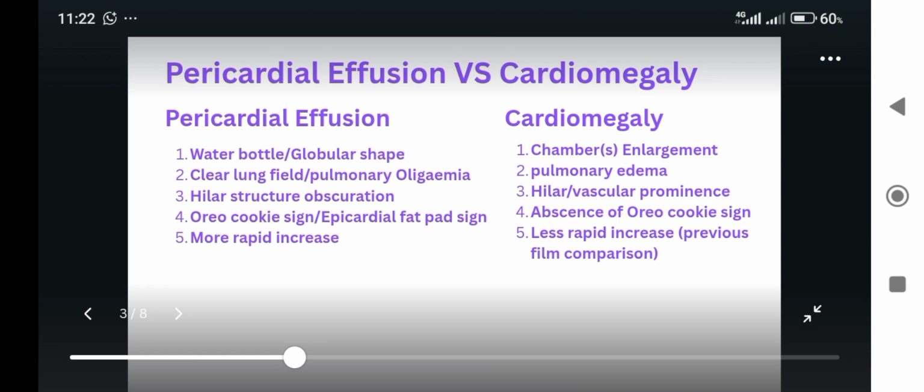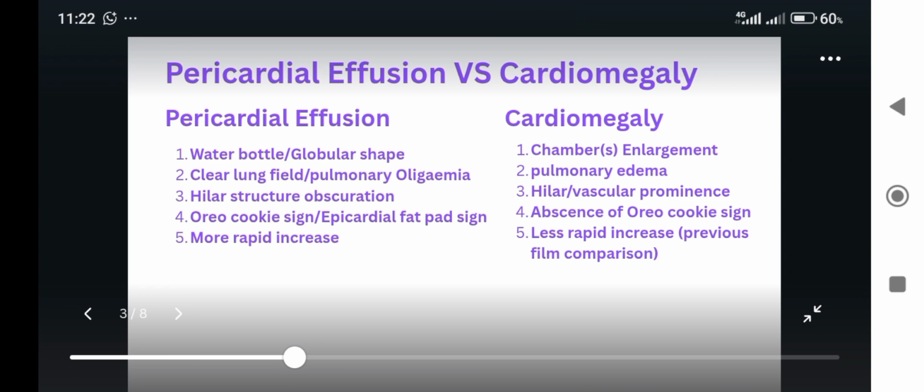Then in pericardial effusion, the lung is clear, and there may be pulmonary oligemia. Your blood vessels will not be that prominent. But in cardiomegaly, most cases are associated with cardiac failure.